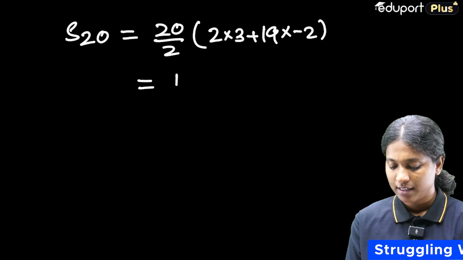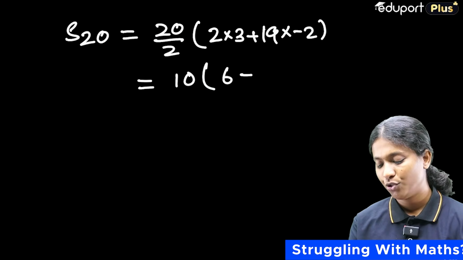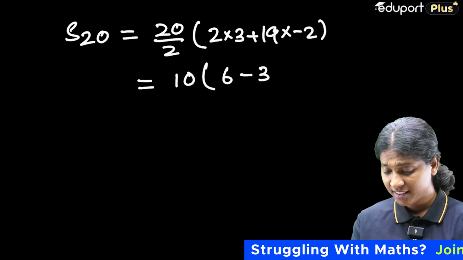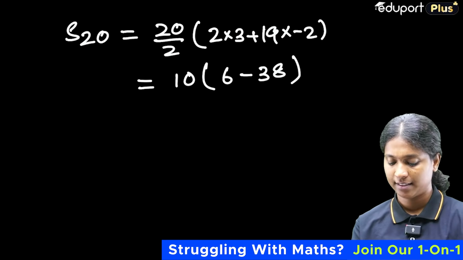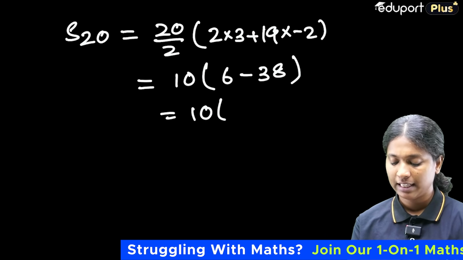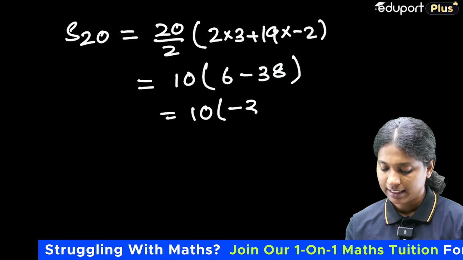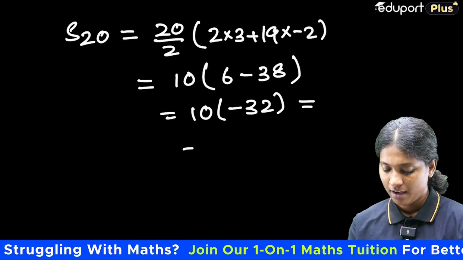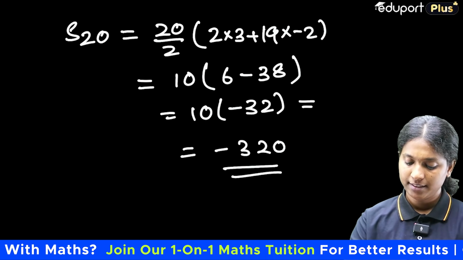So it will be 10 into 6 minus 19 into 2, which is minus 38. So 10 into 6 minus 38. What is 6 minus 38? Minus 32. So the answer will be minus 320. So S20 is minus 320.